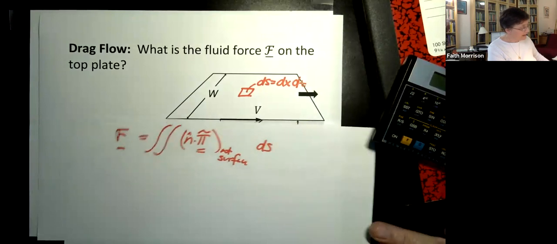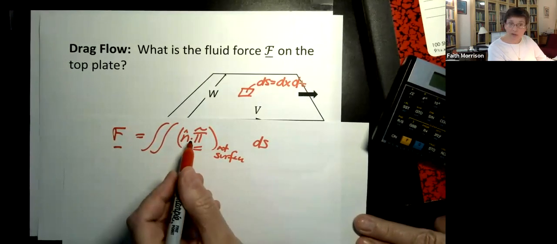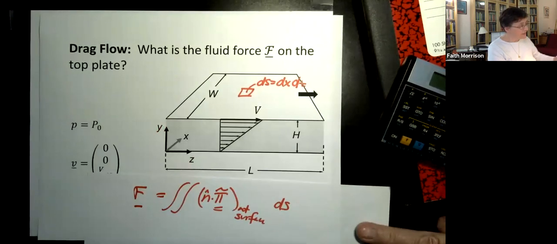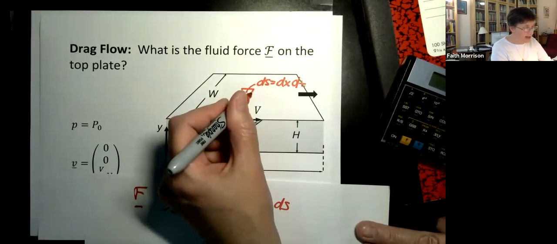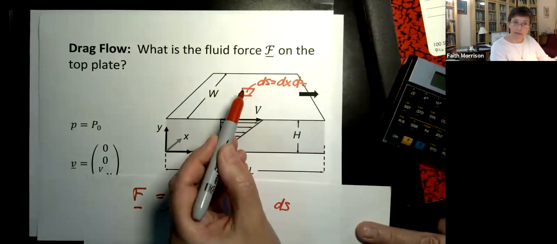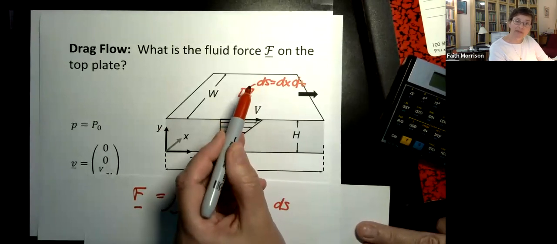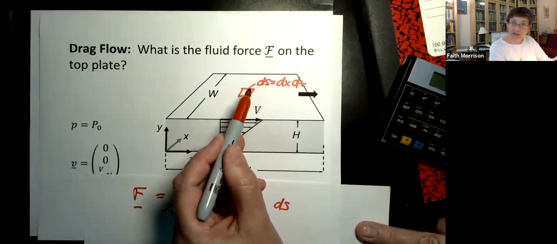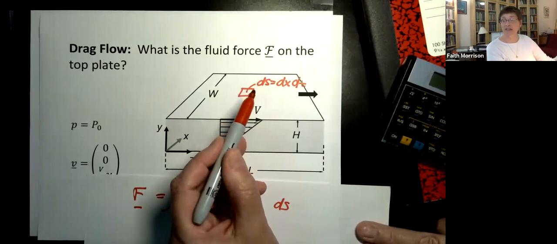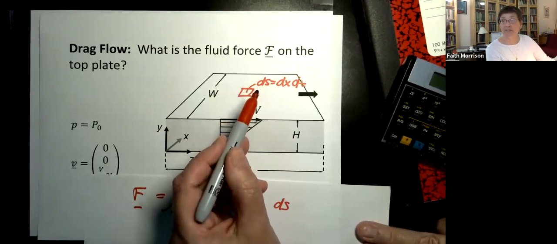The other thing we need is to know what the unit normal is. And I said it was the unit normal to dS. So it looks like it might be this upwardly pointing unit normal. But remember, the top of this cell is not even in the fluid. We're doing a calculation based on the velocity and pressure field in the fluid.